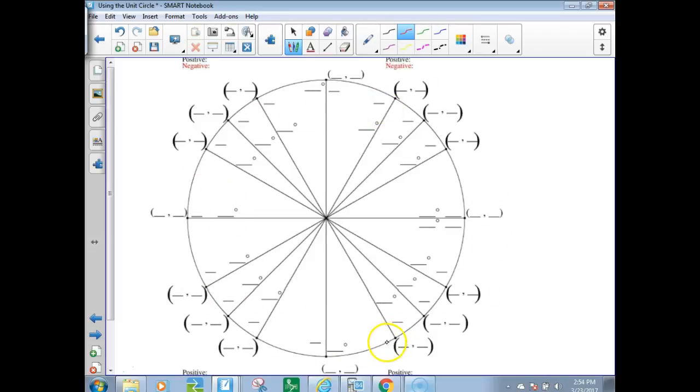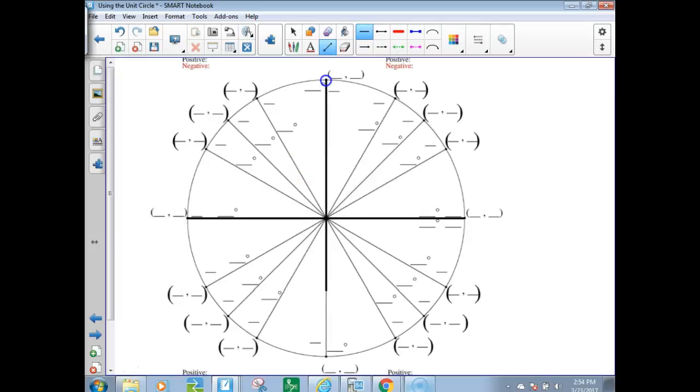And the first step, though, let's work with a little bit of color and make this pretty. So I'm going to take black for my quadrantals, which would be this diameter and this diameter. You can use any color you want, but I'm going to need 3 colors in between if I want to color it.